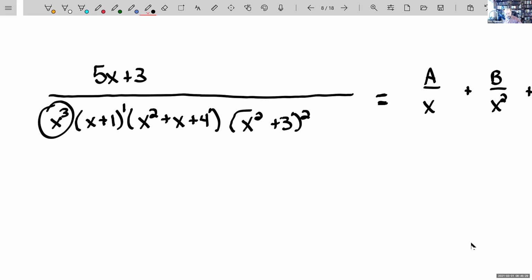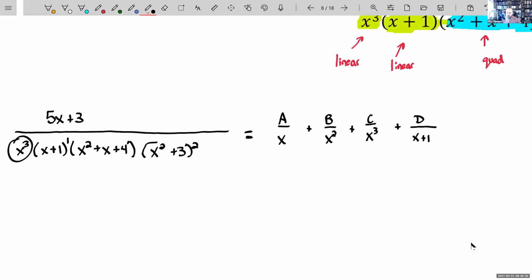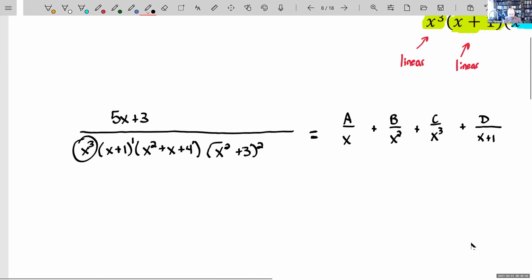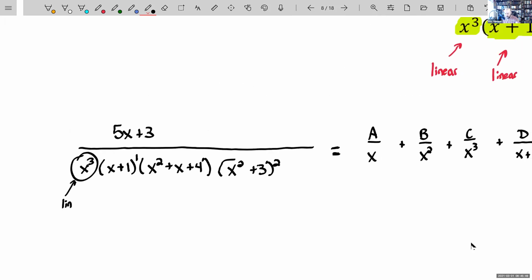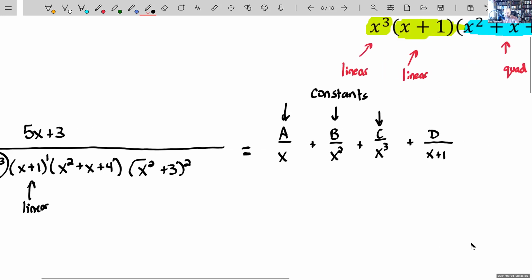Then I move to the irreducible quadratics. The irreducible quadratics, their numerators will not be constants. They'll be linears. So the numerators are a degree less than the type of factor you have. This is a linear factor, so its decomposed numerator is a constant.